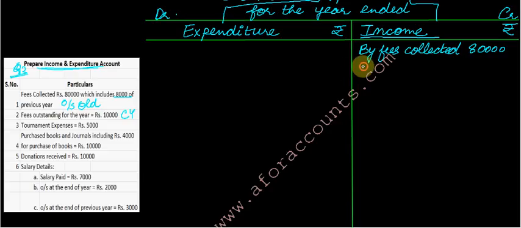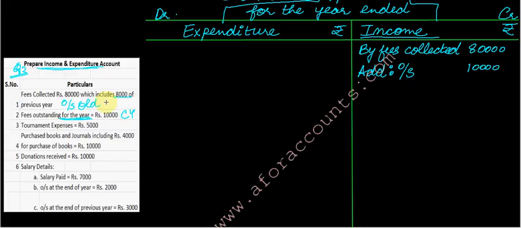So add outstanding for the current year. Remember, add outstanding and less prepaid is for current year expense. Don't mix it with the previous year or the coming year expense. So for the current year, fees outstanding for the year is very important. For the current year, outstanding fees is 10,000. So I will add it here, add outstanding 10,000.